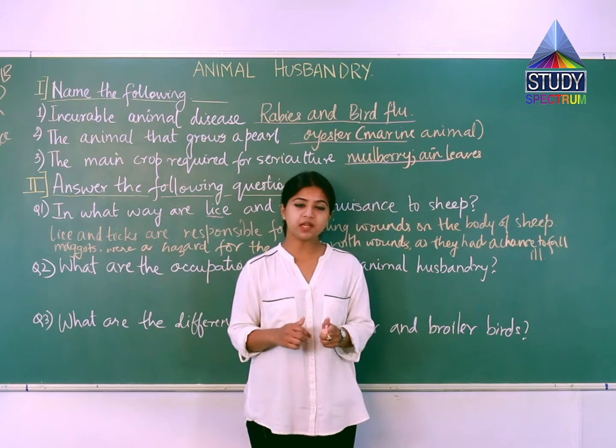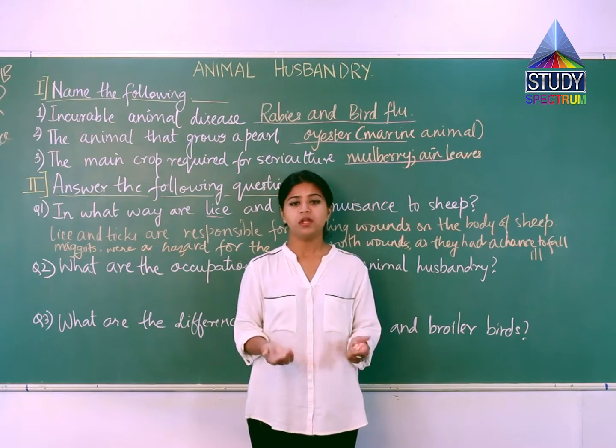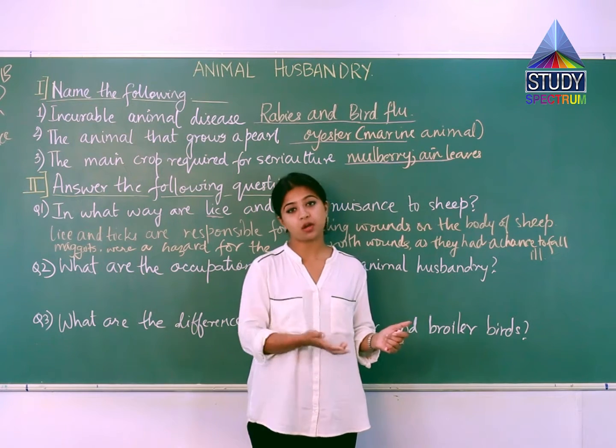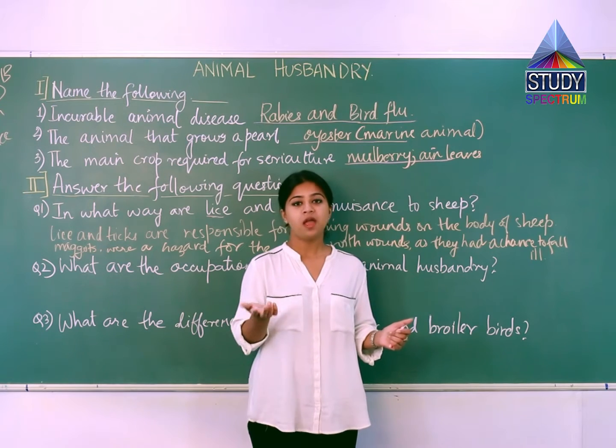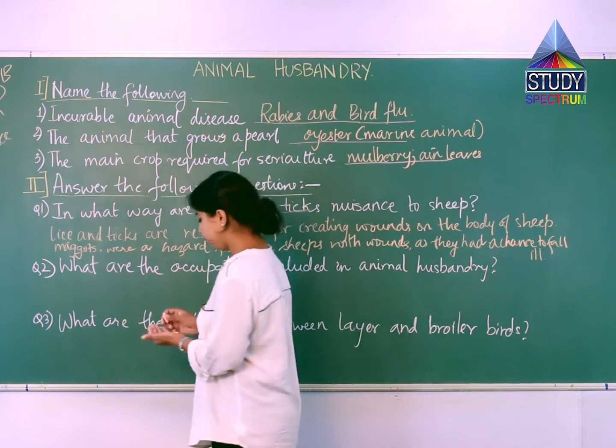In animal husbandry there were six cultures, along with animals being used for agricultural purposes, public transportation and physical labor. So I'll just write it down for you.